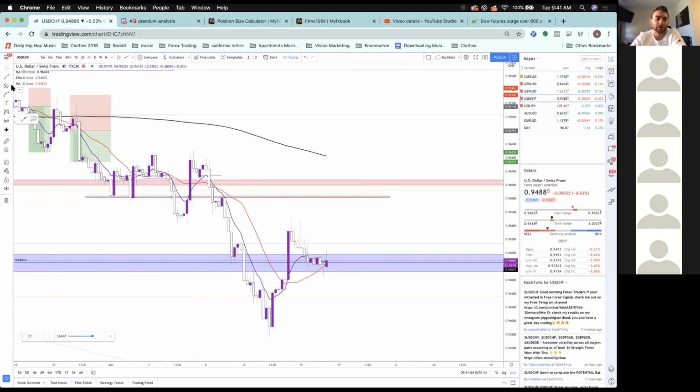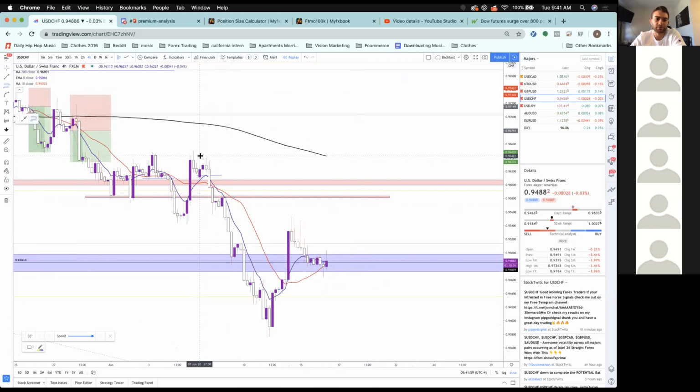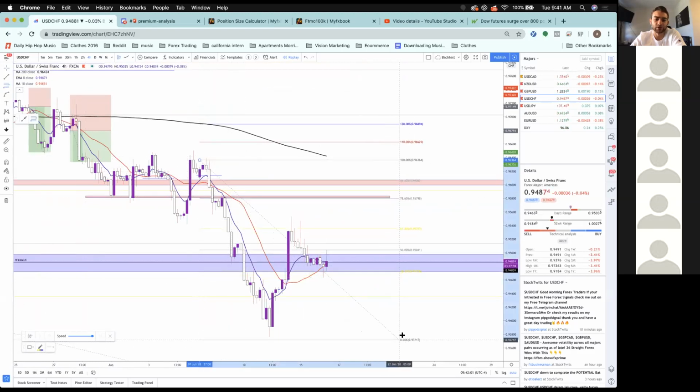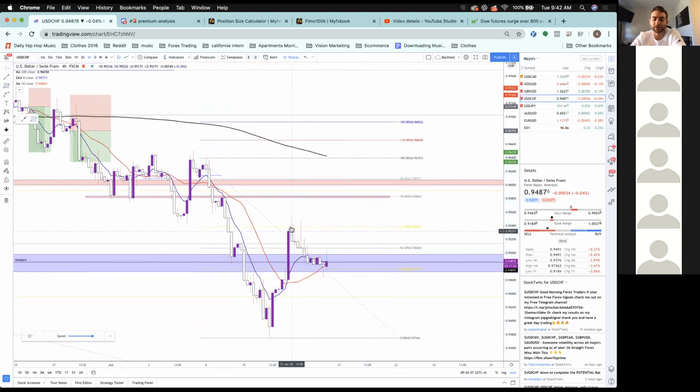If we bring on our fibs, from our high to our low right here, we just rejected the 618, which is definitely a key area. If we drag this across, this was our previous low. It was just retested. That's where it found all these sell orders, and it fell off.